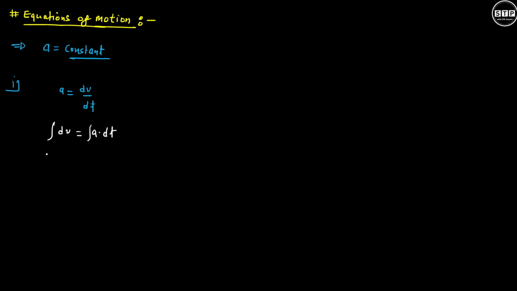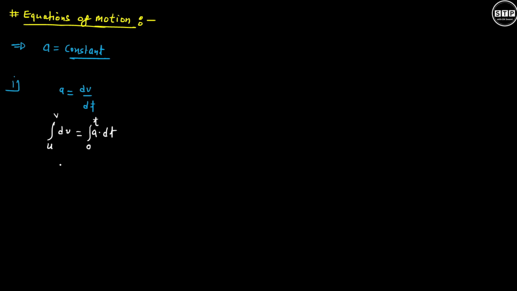In all these equations of motion we will represent the initial velocity by u, and the final velocity at time t we will represent by v. Initially we take the time as 0 and finally the time is t.